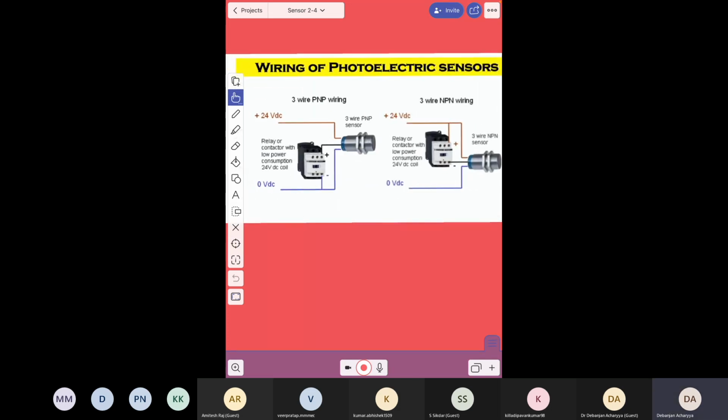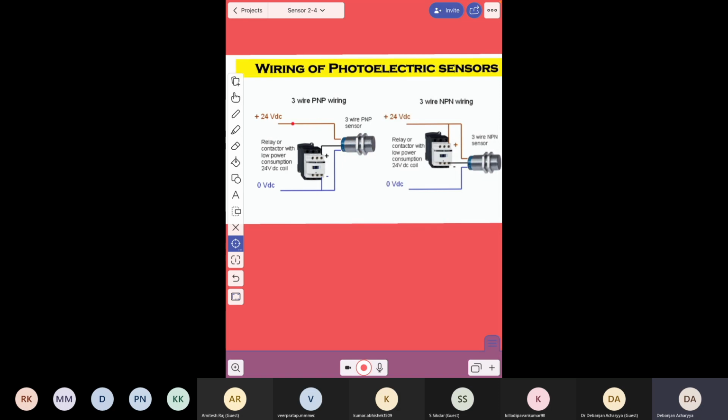Now coming to the wiring of the photoelectric sensor. As I told you, there are three types of photoelectric sensors: 3-wire, 4-wire, and 5-wire. In a 3-wire sensor, if this is PNP wiring, here this is the relay and this is our photoelectric sensor.